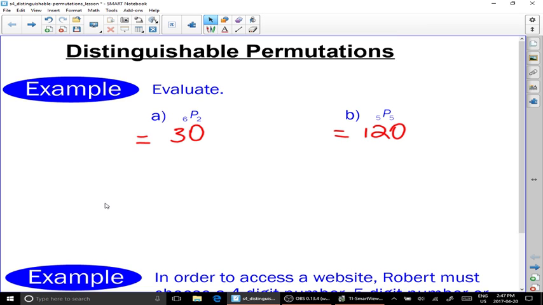So again, we can work within the formula, or we can just use the calculator to figure out what 6 pick 2 or 5 pick 5 is.